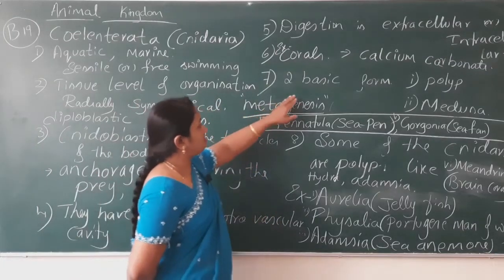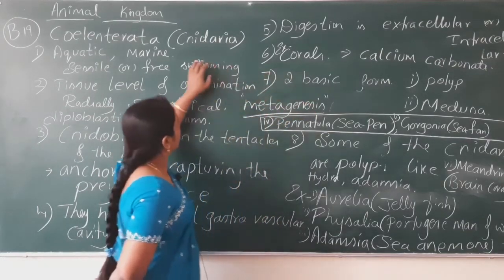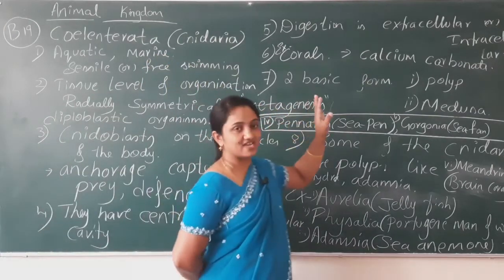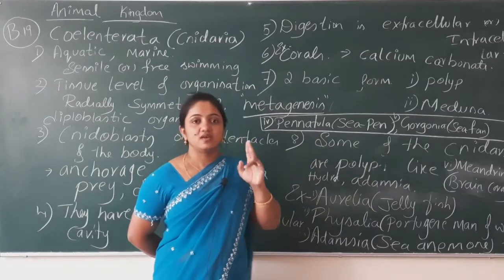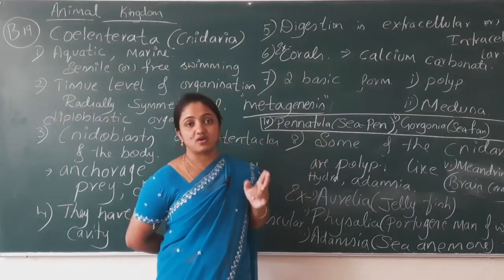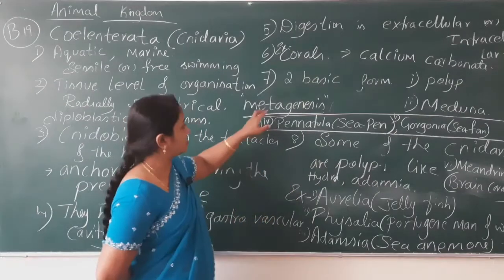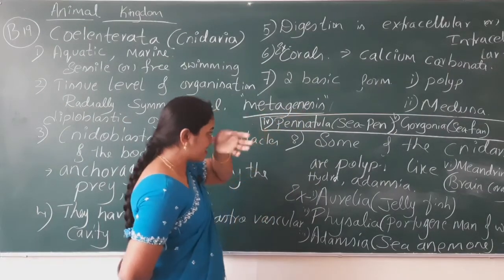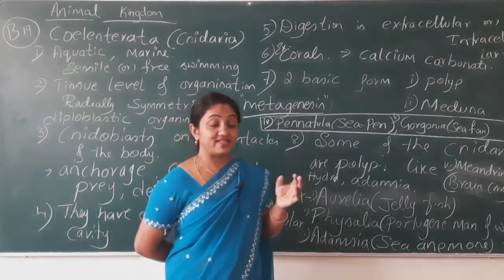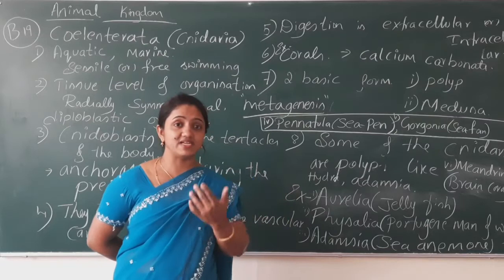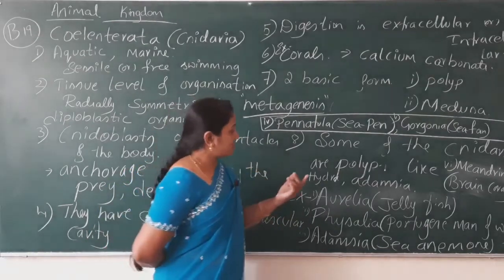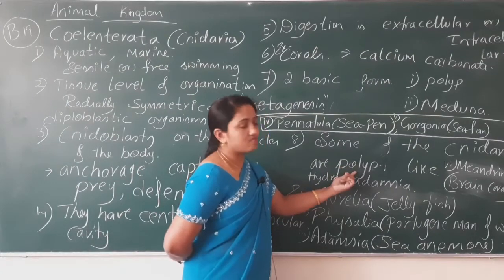Some of the organisms like Aurelia, their life cycle completes by alternation of generation. This mechanism is known as metagenesis. And some of the Cnidarians complete their life cycle in the form of polyps.